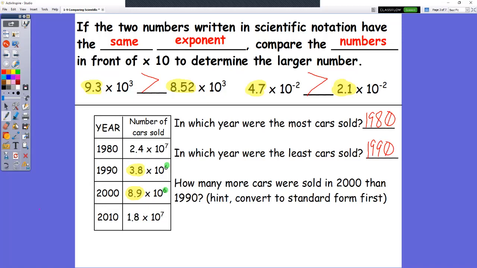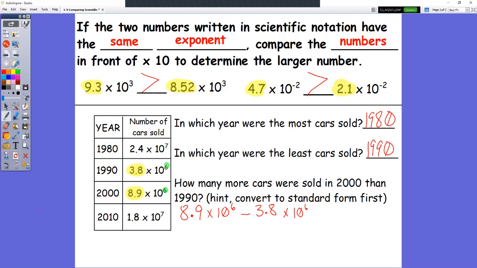And then the last question, how many more cars were sold in 2000 than in 1990? The hint, you want to convert them to standard form first. So 8.9 times 10 to the 6th minus 3.8 times 10 to the 6th.